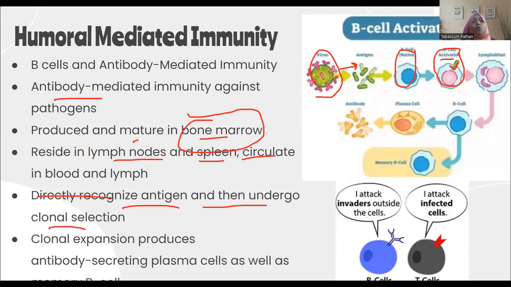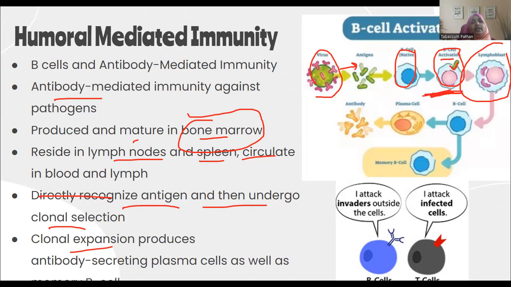Now this will undergo what? Clonal selection and expansion. What is clonal selection and expansion? First, what type of immune cell will kill this virus? That is clonal selection. That will be decided by the B cell.